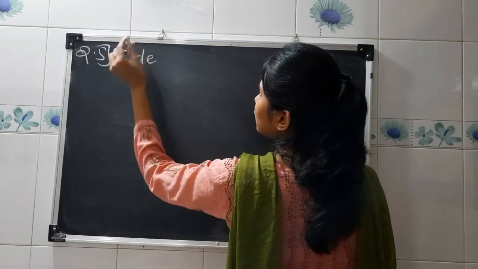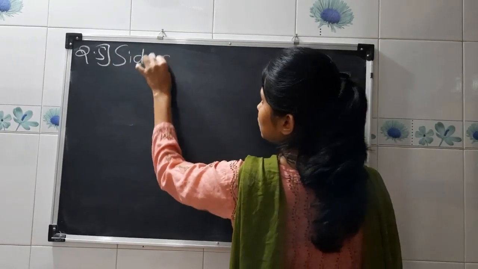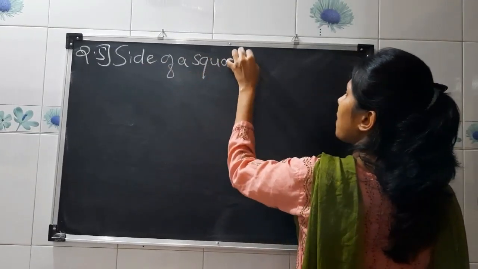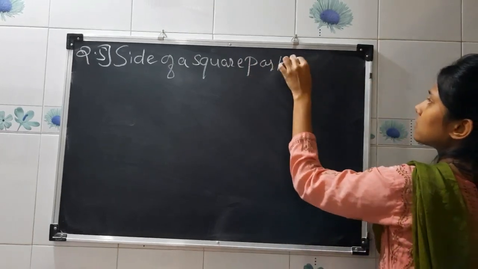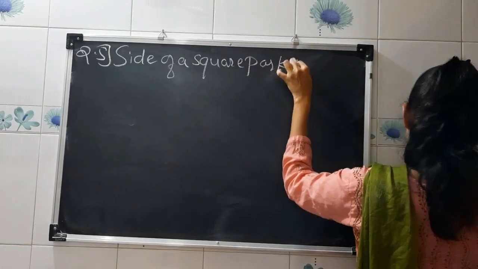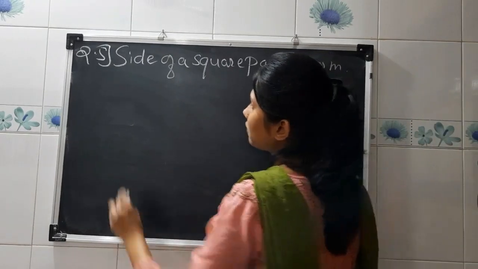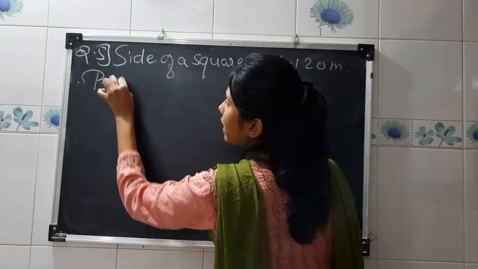That is why they have given you the length of one side of the square park. So side of a square park is 120 meters.